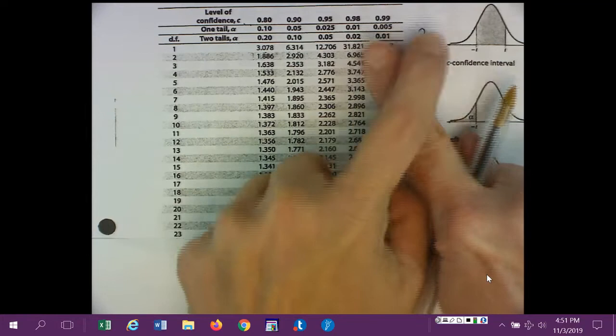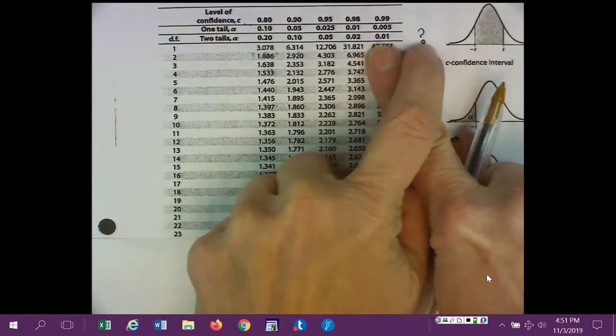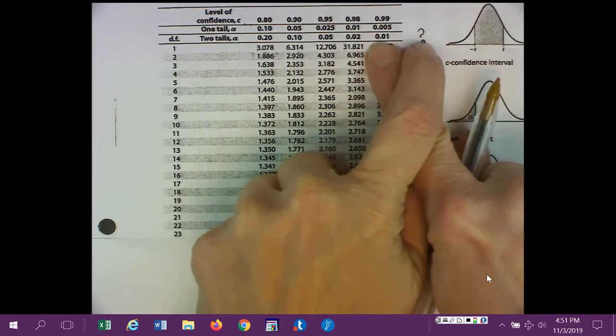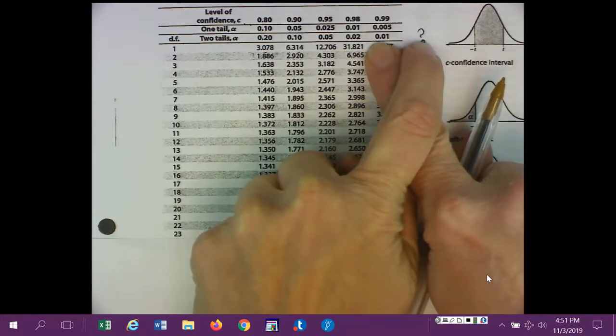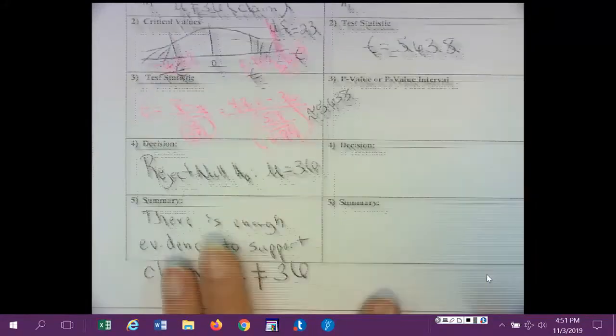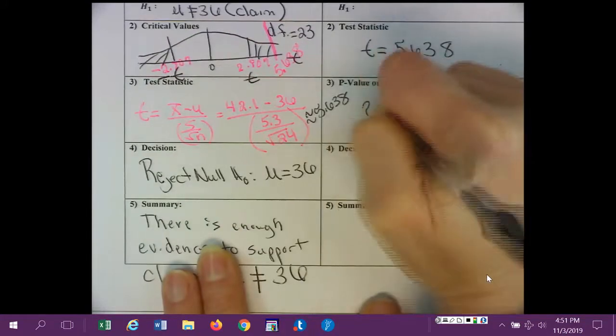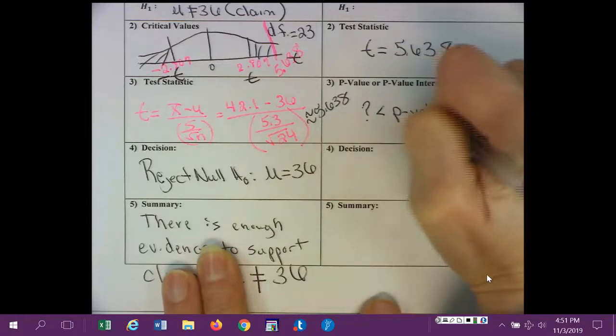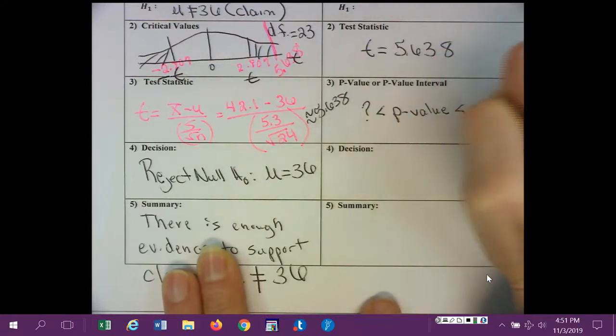So I would still tell students to cross fingers to let the student know that the question mark, which is smaller and unknown, is still first in the p-value interval when you list it. So it's the lower limit and 0.01 is the upper limit. And this is how you would state your p-value interval. Question mark less than p-value less than 0.01.